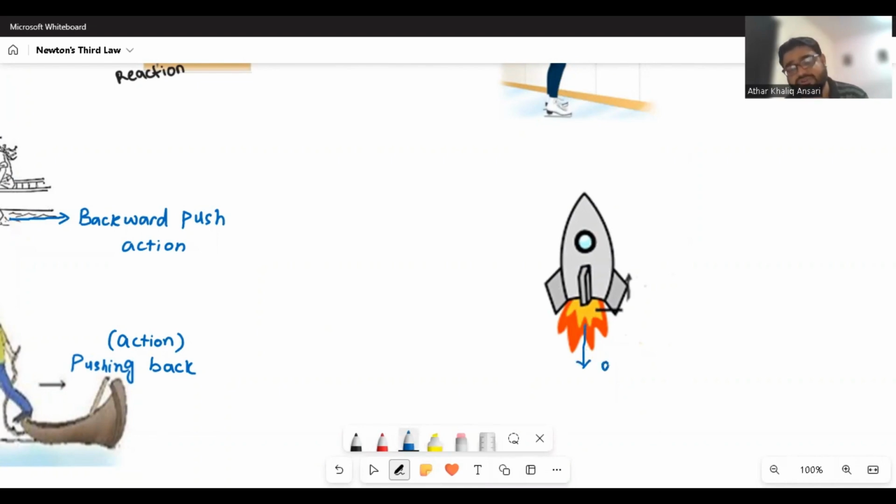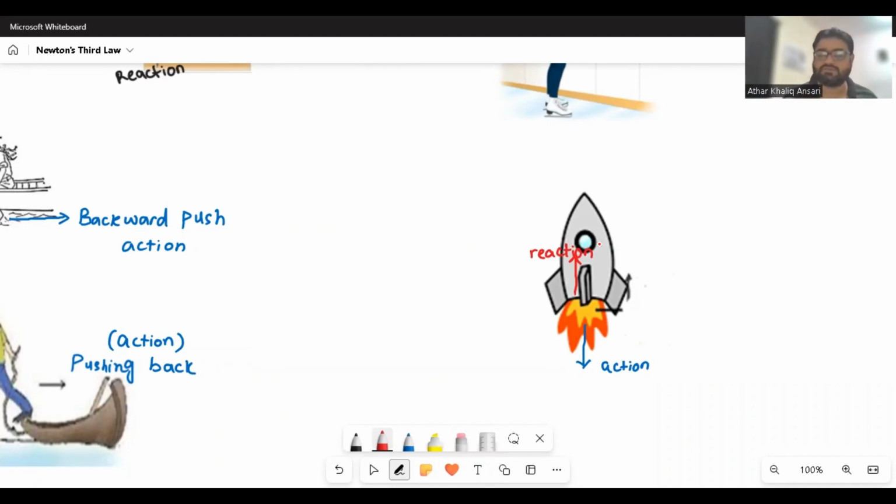This downward push of the gases is an action, and in the reaction, the rocket moves upward. The faster the gases move, the greater the reaction, and the further the rocket will move. Similarly, bacteria propel through liquid in the same way: from the rear side it pushes water backward as an action, and in the reaction it moves forward.